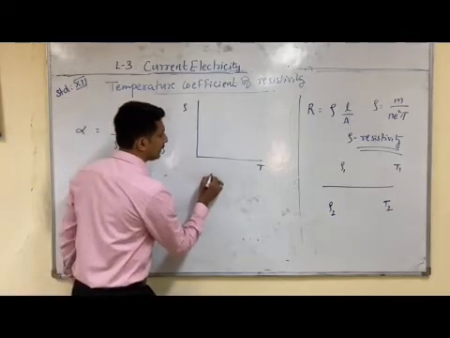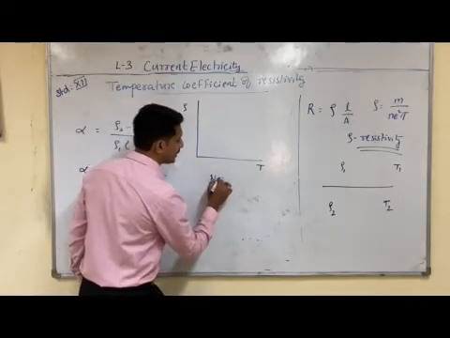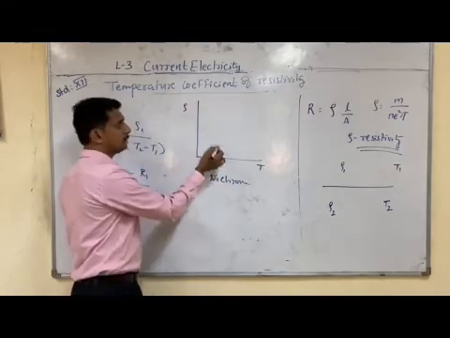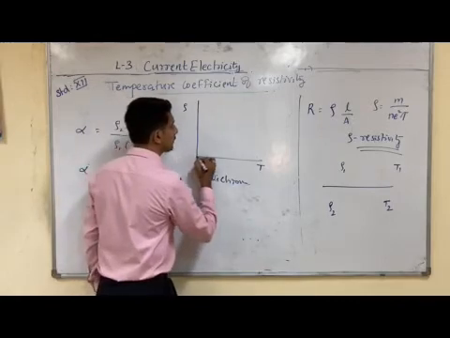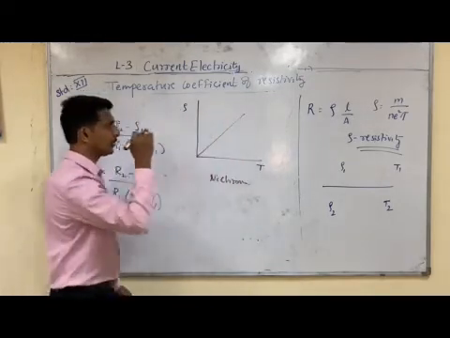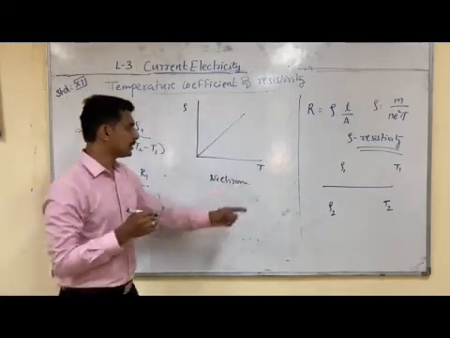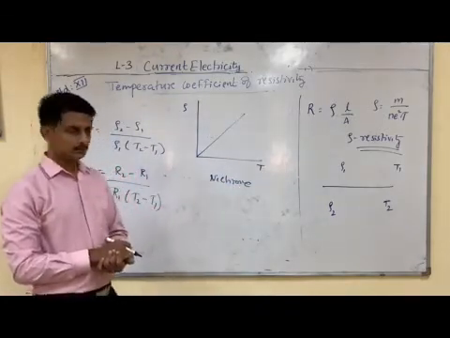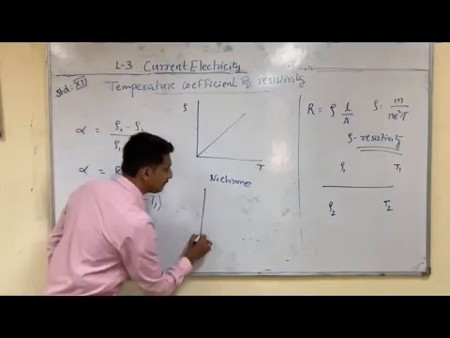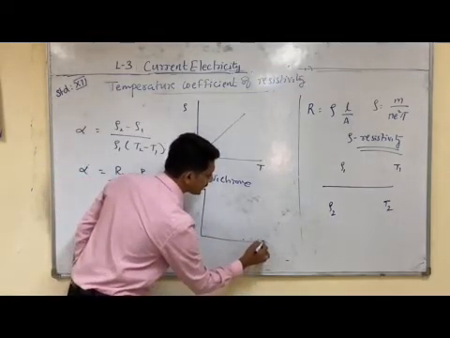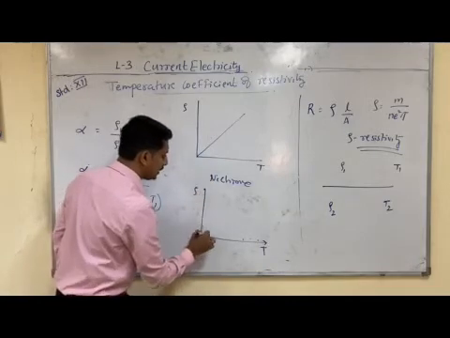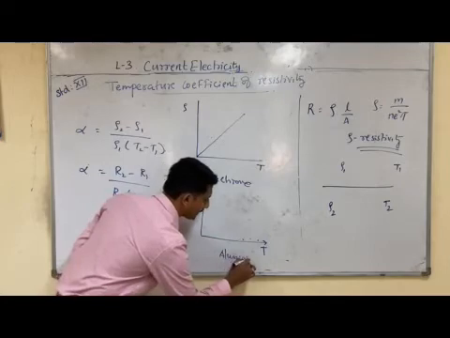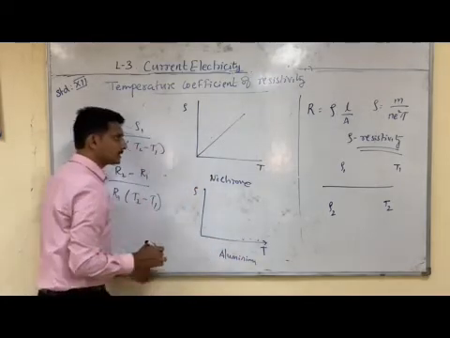Consider the alloy nichrome. This is the dependence of resistivity on temperature we can express: as the temperature increases, resistivity also increases. In the same way in the case of metals, for example aluminum, it is not exactly a straight line.